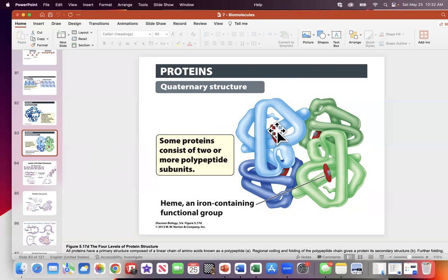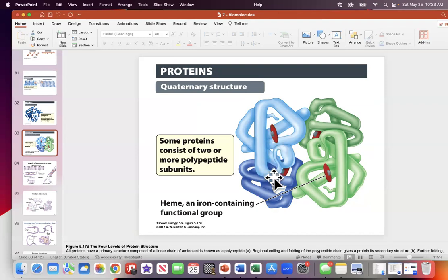You can see there are four 3D structures combined together, and in the center of each one is iron. If you have anemia, which means not enough red blood cells or not enough hemoglobin, the doctor will prescribe an iron pill.